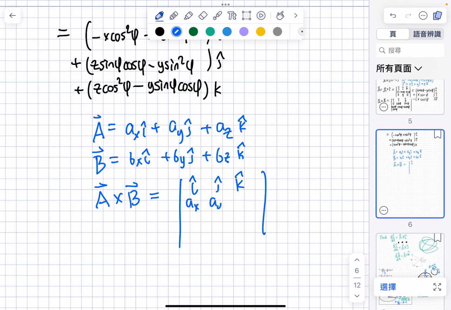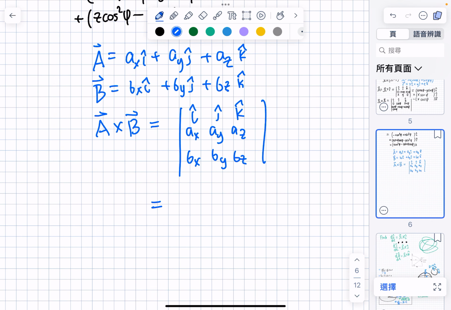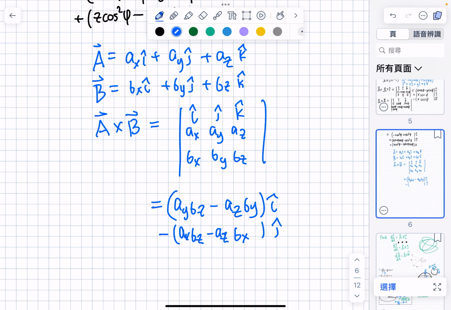You have ax, ay, az, which I'll set up in the computer, which is then equal to aybz minus azby times I, minus j times axbz minus azbx, plus the k term, which is axby minus aybx.